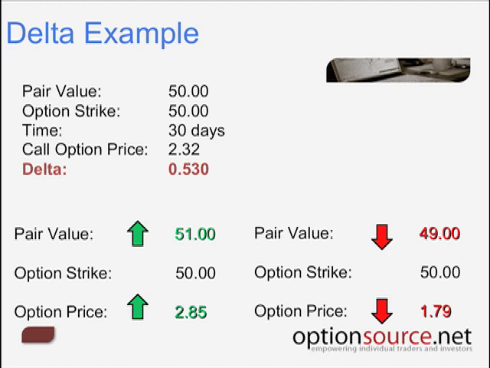But after that drop takes place, each consecutive dollar drop is actually going to have less and less of an influence because the delta is lowering. So it's an interesting observation as these kinds of positions move against us.